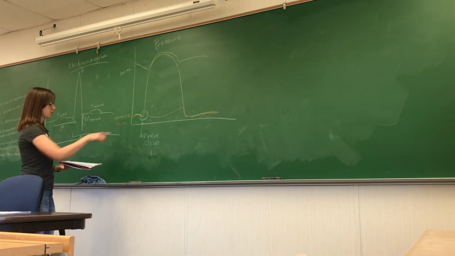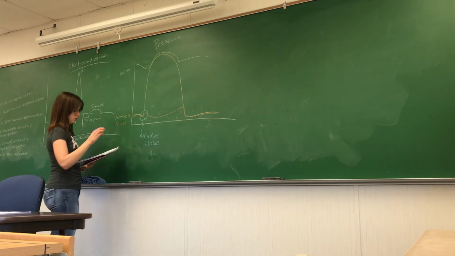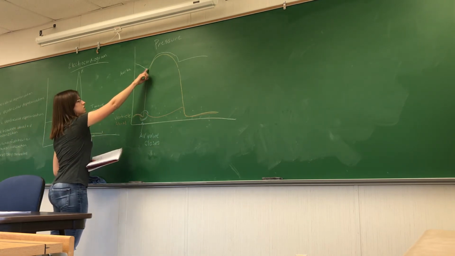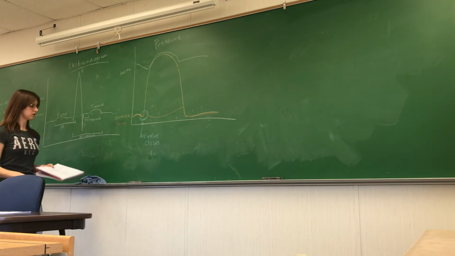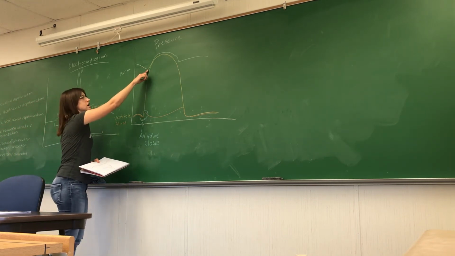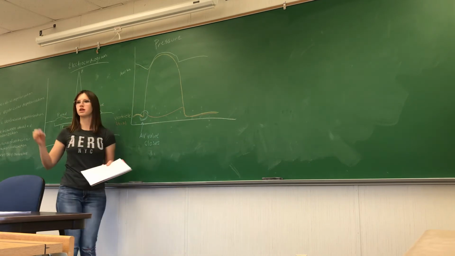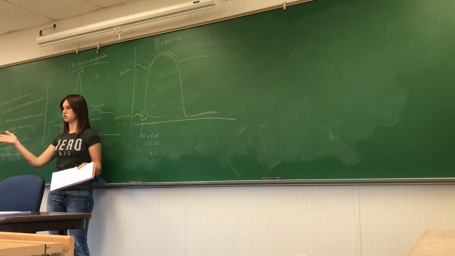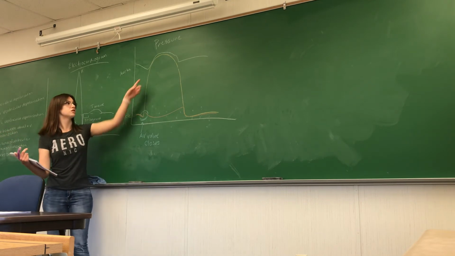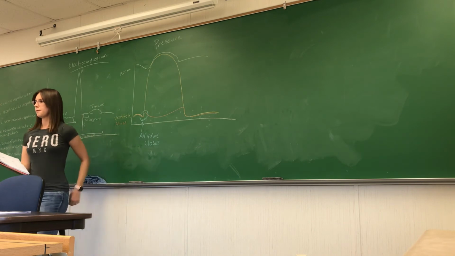So the AV valve closed, and then what is this? What's happening here? If you notice the aorta pressure, all of a sudden it's going down a little bit as the blood goes out of the aorta into the body. Then all of a sudden the aorta pressure goes through the roof. It goes really high.